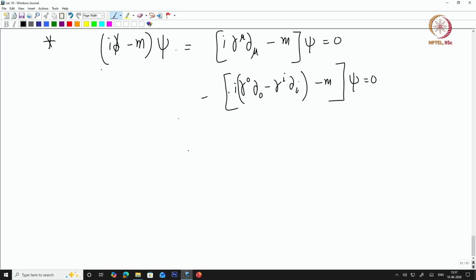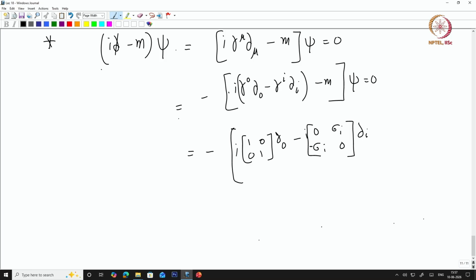Now, gamma 0 and gamma i, I have already mentioned what they are. They are these 2 by 2 block matrices: gamma 0 into del 0, and gamma i, which I also mentioned, involves 0 and sigma, into del i, minus m, acting on psi.